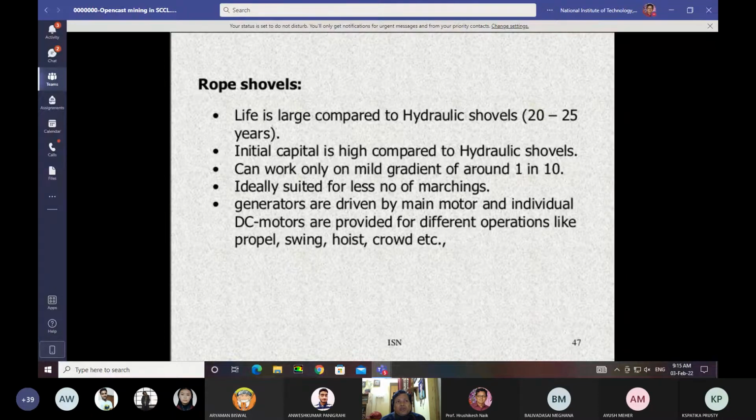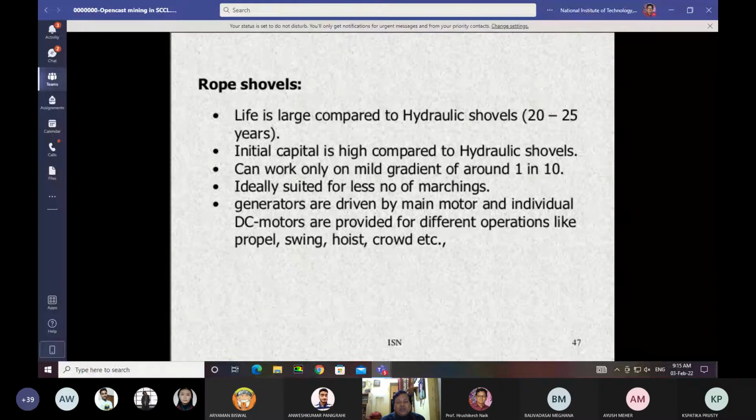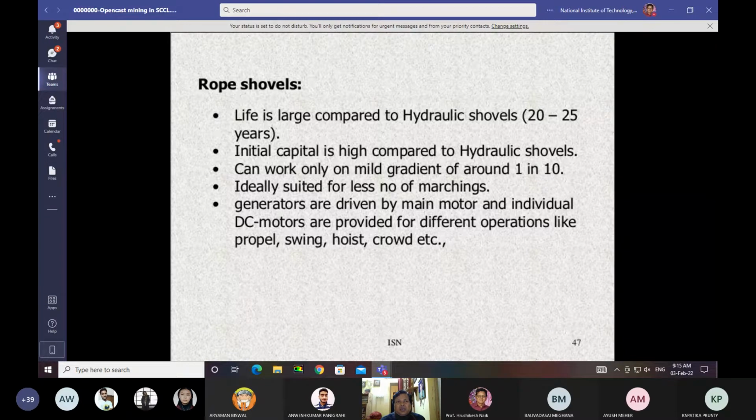The shovel will remain idle if there is a break of electricity, or if there is no electricity, or there is a power failure for 2 hours, 3 hours, or 5 hours. There is no power, electricity is not there, temporarily there is a power failure, then what will happen? The machine will remain idle.